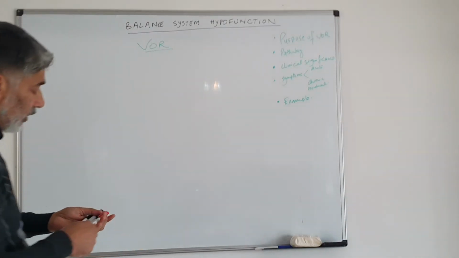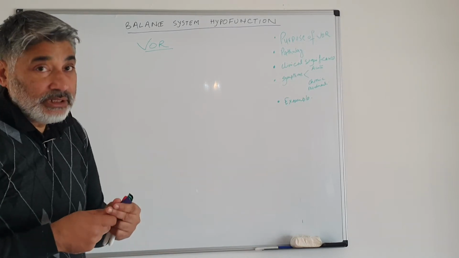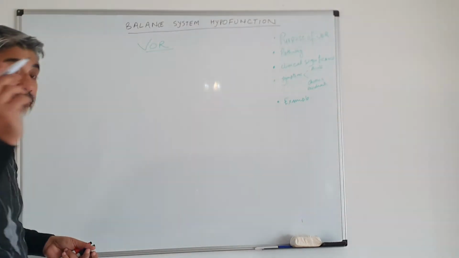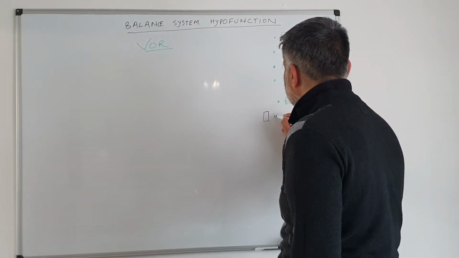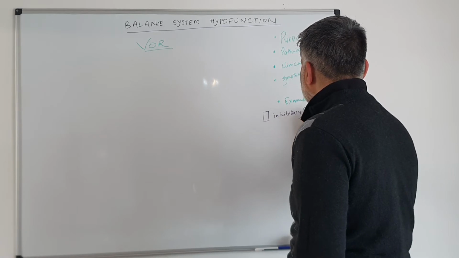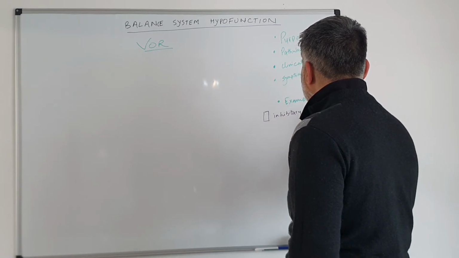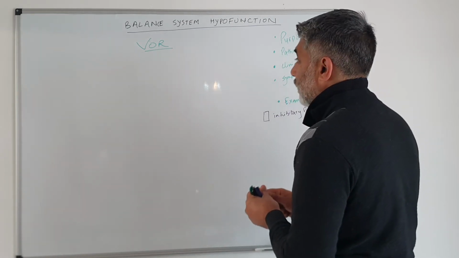Yeah. So now I just want to draw the VOR reflex pathway for a better understanding. I will use blue as an inhibitory pathway, and red as an excitatory pathway.